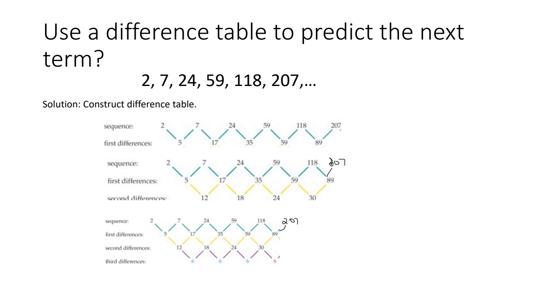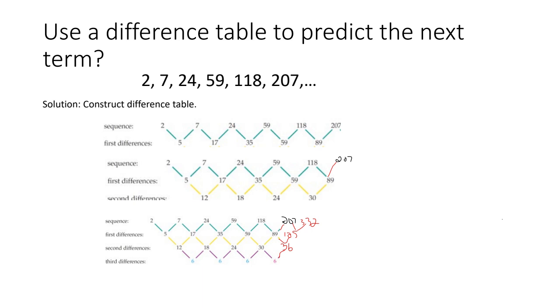To find the answer, starting with 30, you add 6. This will give you 36. And then go to 89 and you add 36, and this becomes 125. And finally, since the last term on the sequence was 207, 207 plus 125 will give you 332, which is the next term on the sequence, the final answer of this question.